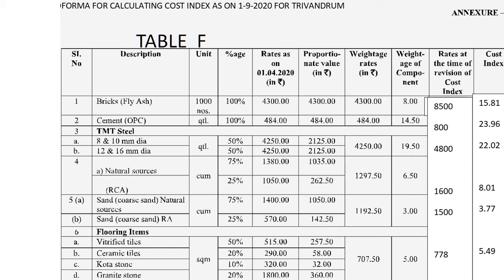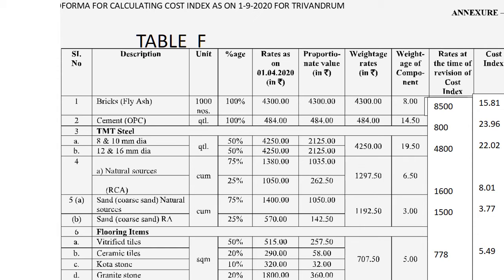To work out the present cost index, see, for 4,300 rupees, the weightage is 8. So, if the price is changed to 8,500, the weightage is 8 divided by 4,300 into 8,500, which is equal to 15.10. Similarly, the cement, the original price was 484 as on 1/4/2020 and the weightage was 14.5.